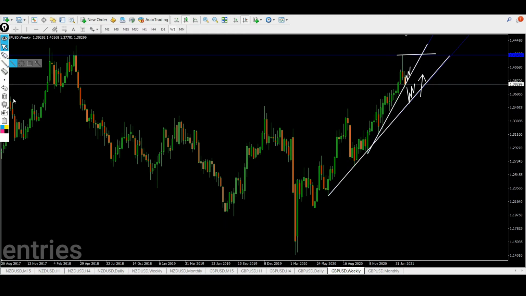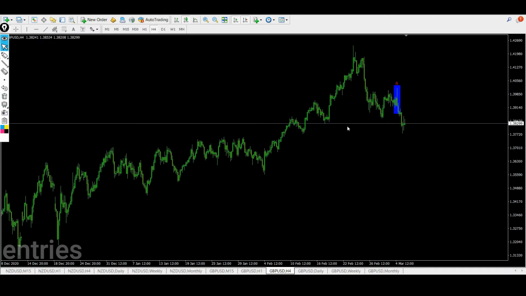Now one other thing I want to show you is, let's go down to the 4-hour chart, that last week there was a head and shoulders that formed here. Considering this head and shoulders target height is roughly around that weekly second trend line we were talking about, so it's around this 34 to 35 area.